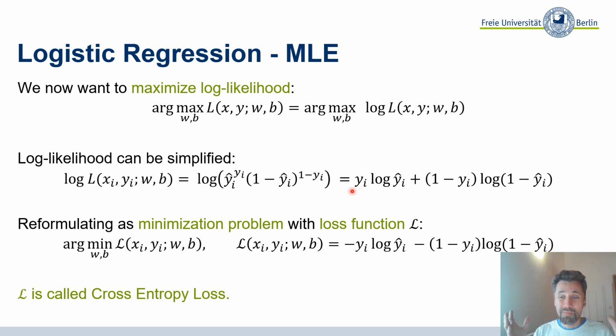And since we usually want to minimize a loss function, we just put a minus sign here, and this corresponds to the maximization of the likelihood. This expression is called cross entropy loss, and you will learn how to use it and also to implement it, not just for the logistic regression task, but also later in other nonlinear models that do binary classification.